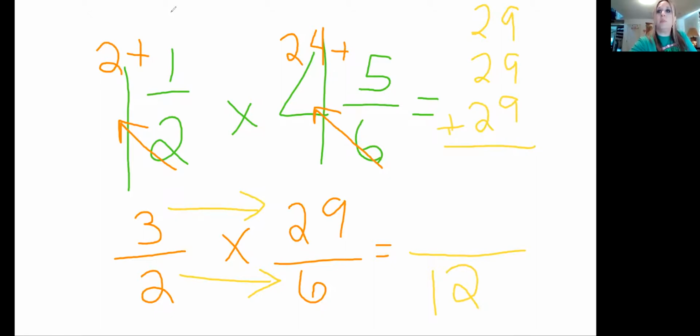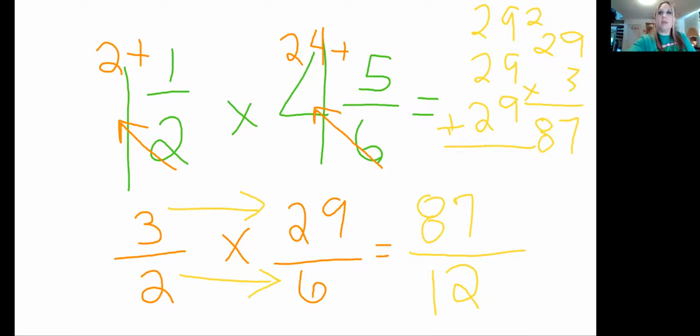Or I can speed up the process if I know how to do the algorithm. 3 times 9 is 27, I think. Carry the 2. 3 times 2 is 6, 7, 8. 87. 87 twelfths.